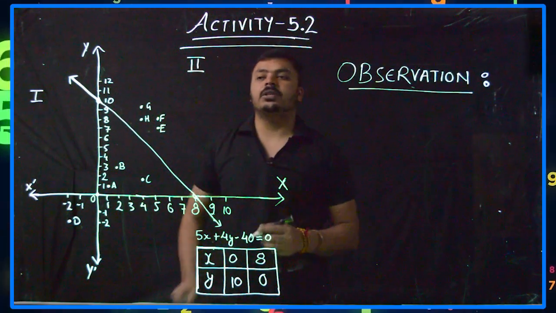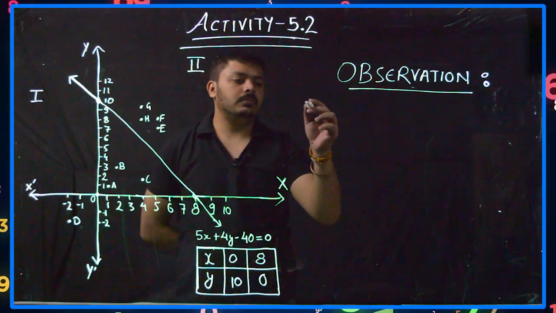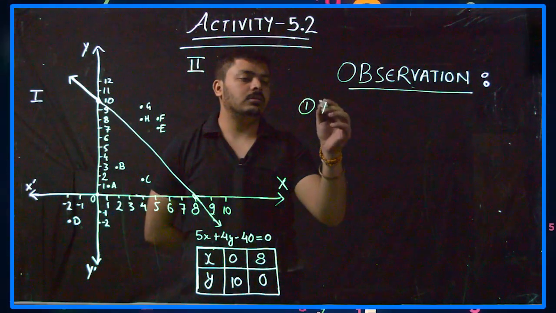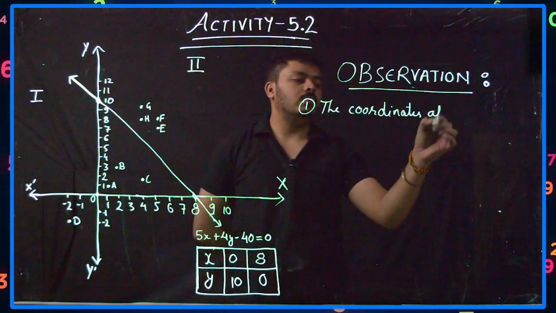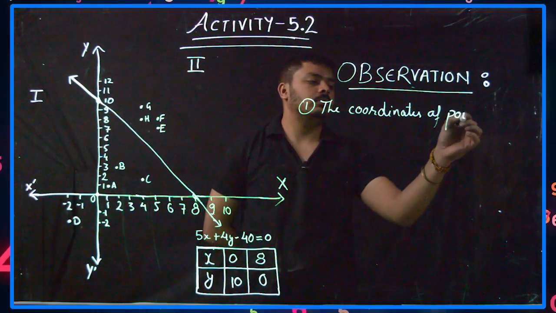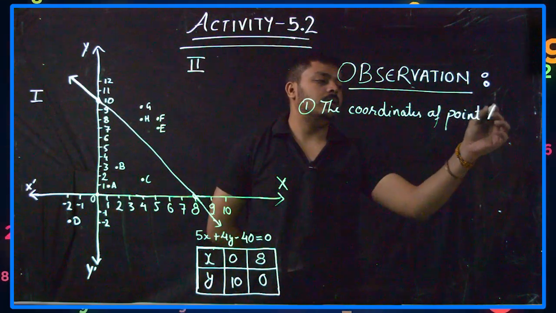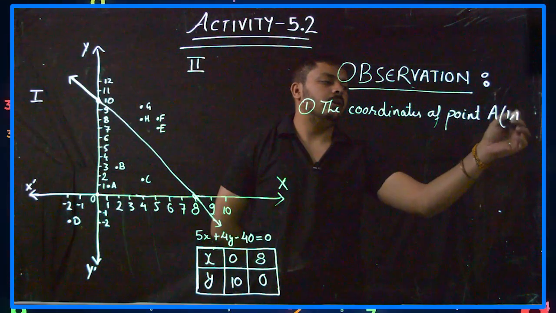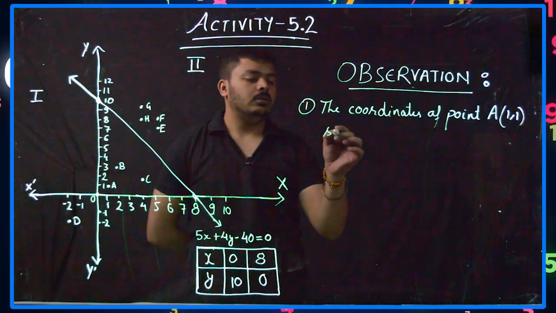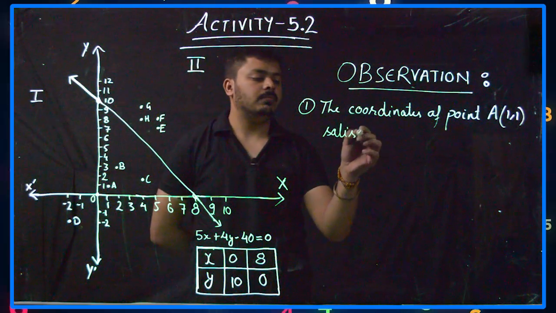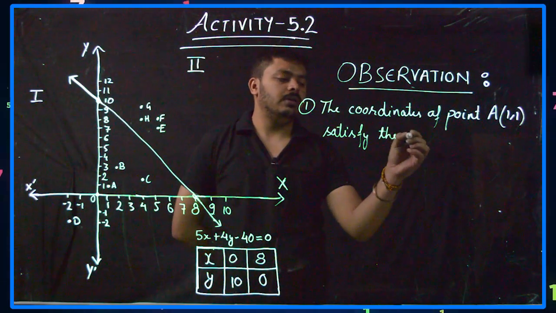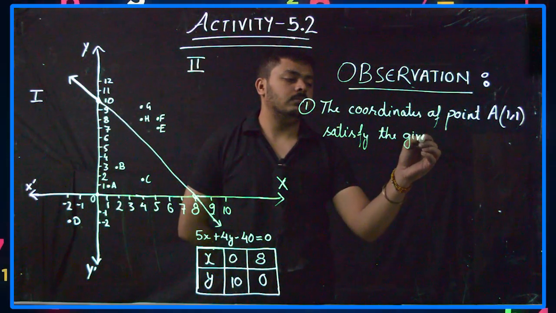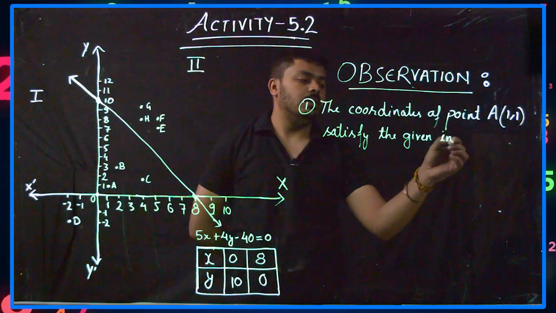So our observation for the given activity is: first, the coordinates of point A (1, 1) satisfy the given inequality.